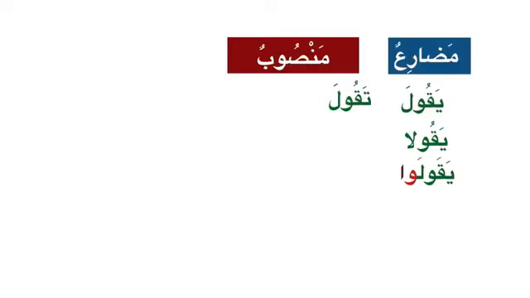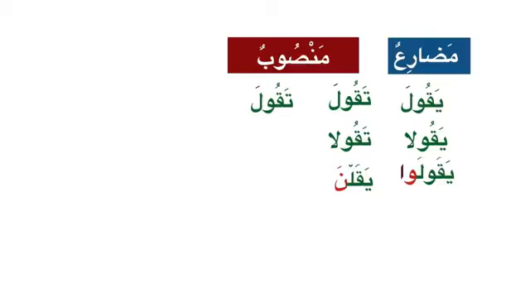So taqulu will become taqula, taqulani will become taqula, taquluna. Again here, we know yaqulna is mabni. This noon will not change because it is a mutaharrik pronoun, and whenever this mutaharrik pronoun becomes mabni, it doesn't change. So it will remain yaqulna, and taqulna for antunna.